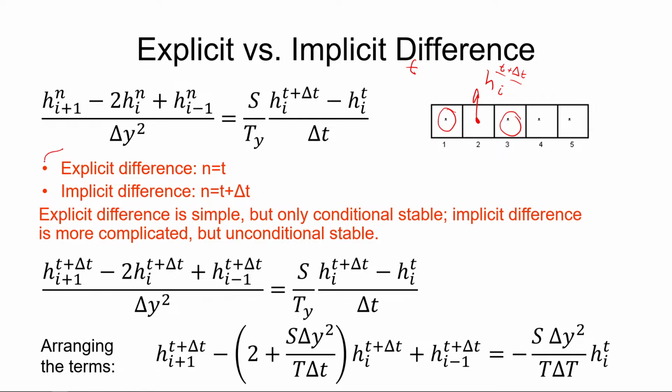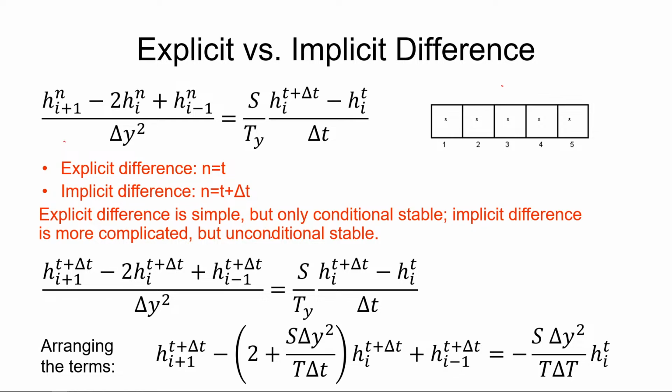This is called explicit difference. If I want to use this new value, then n will be t plus delta t, and that's called the implicit difference. The explicit difference is simple to implement, but only conditionally stable, while implicit difference is more complicated, but unconditionally stable, so more stable.